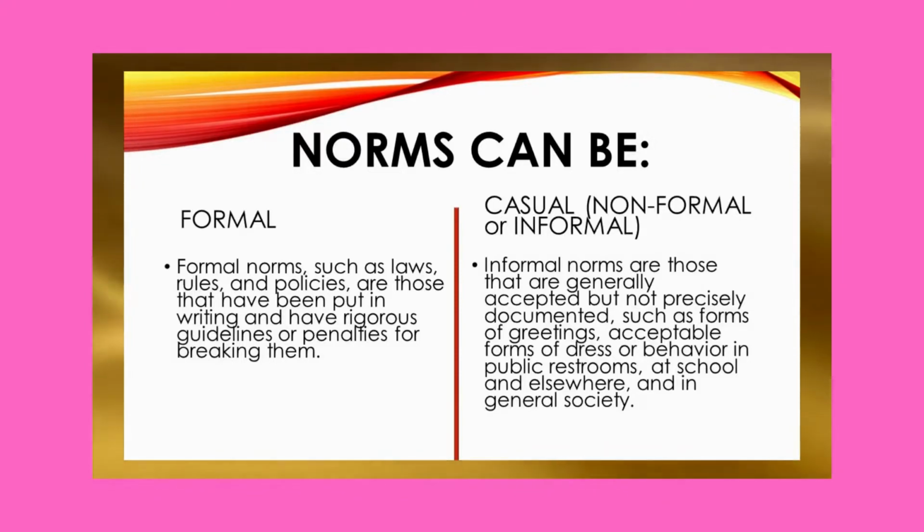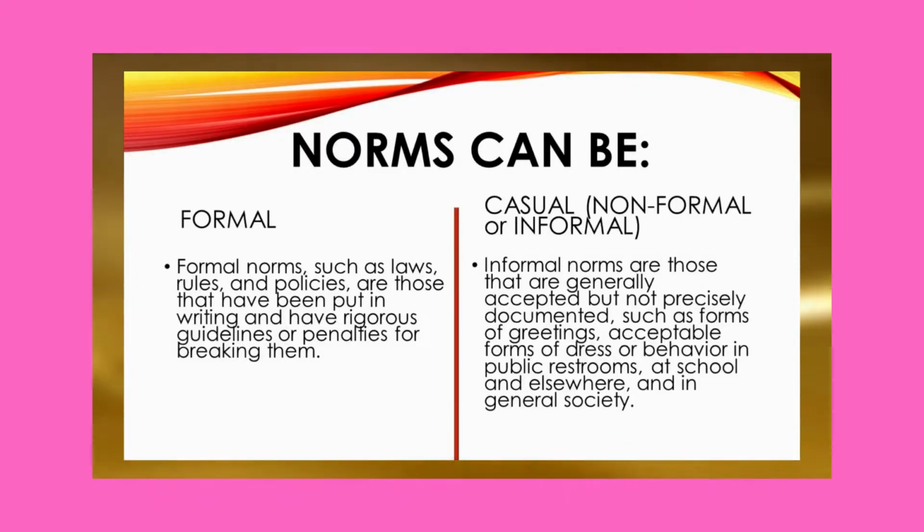Formal norms such as laws, rules, and policies are those that have been put in writing and have rigorous guidelines or penalties for breaking them. While informal norms are those that are generally accepted but not precisely documented, such as forms of greetings, acceptable forms of dress or behavior in public restrooms, at school and elsewhere, and in general society.